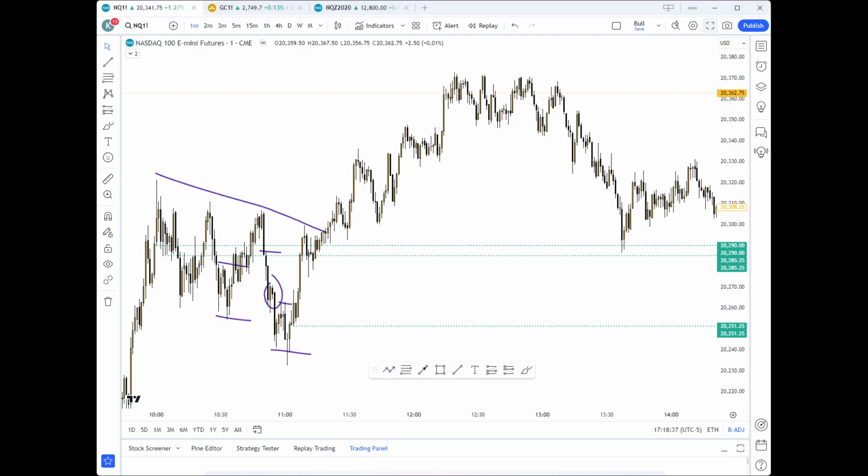I basically logged in, and what did I see? I saw this on the 15-minute chart. I'll post it in here for you guys.